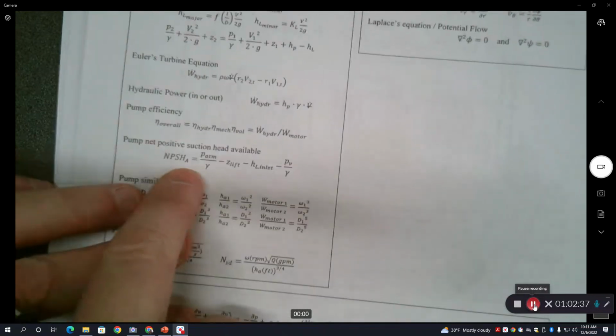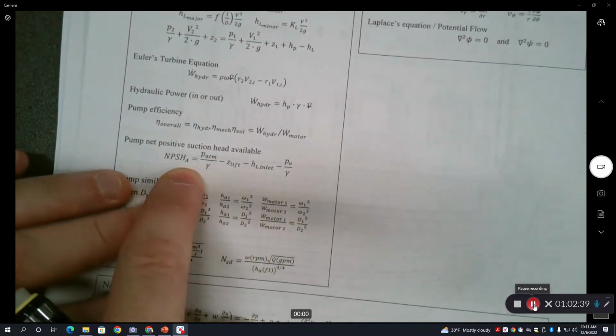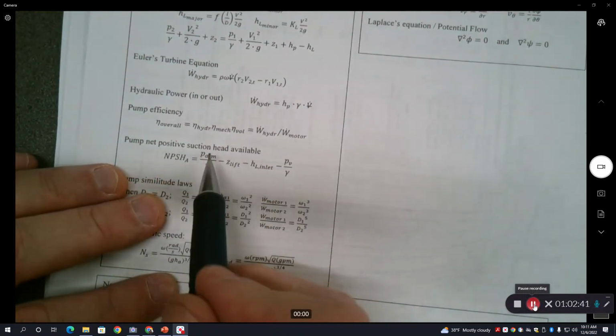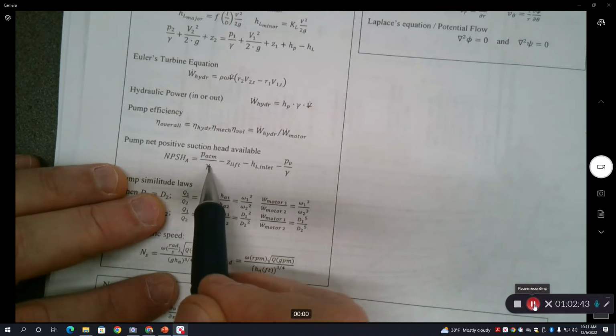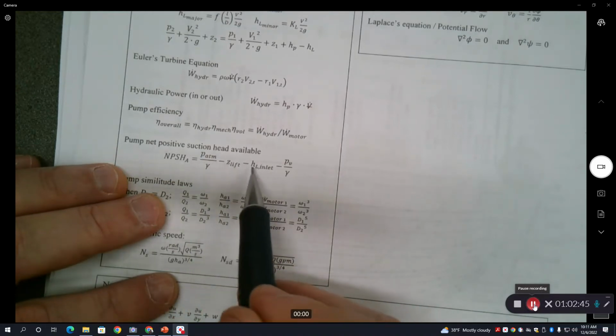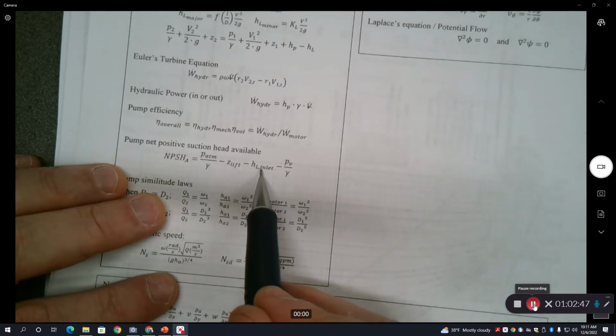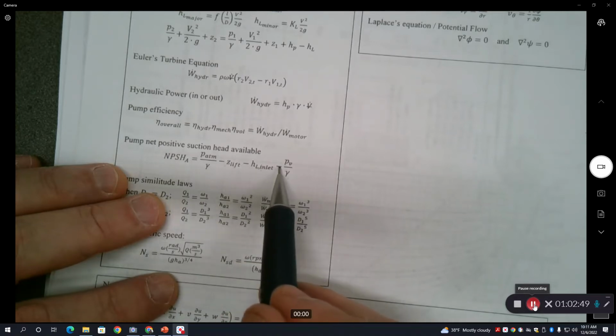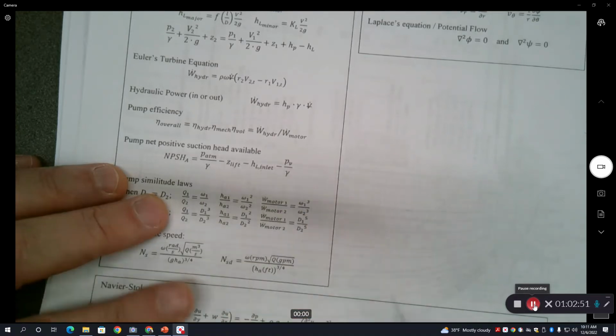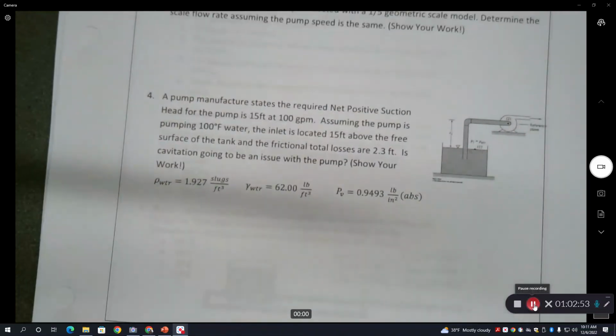We have the equation here for the net positive suction head available, which is the atmospheric pressure divided by gamma, minus the lift, minus the pressure drop in the inlet, minus the vapor pressure divided by gamma. So everything is in the head version.